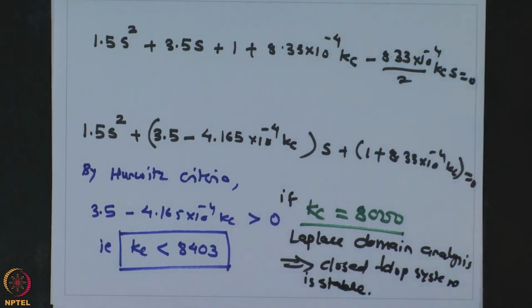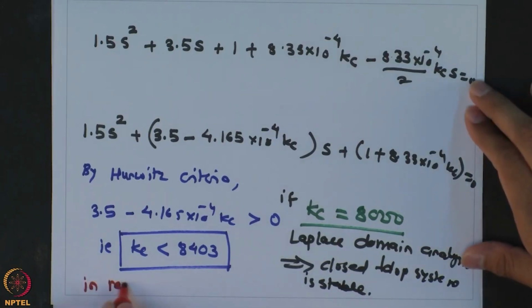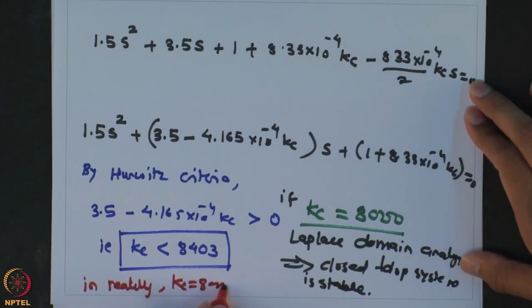However, if I actually implement or simulate this particular system when Kc is equal to 8000, what I will realize is that in reality Kc equal to 8000 is unstable.